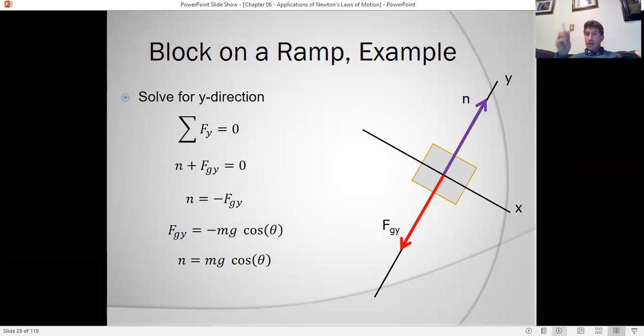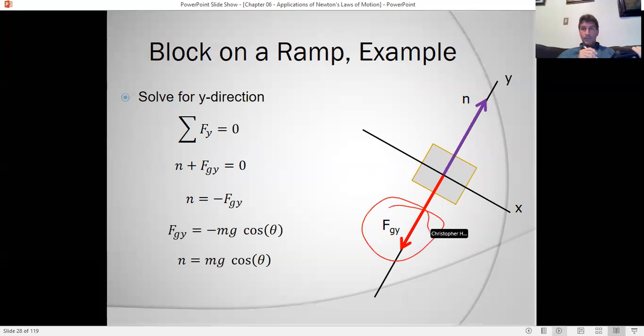The first thing I do is try to find out what the normal force is, because the normal force is no longer equal and opposite to the weight. The normal force is equal and opposite to the y component of the weight, because they're both in the y direction. The weight is no longer in the y direction. It's now pointing here, so I've got to take the component that's still in the y direction.